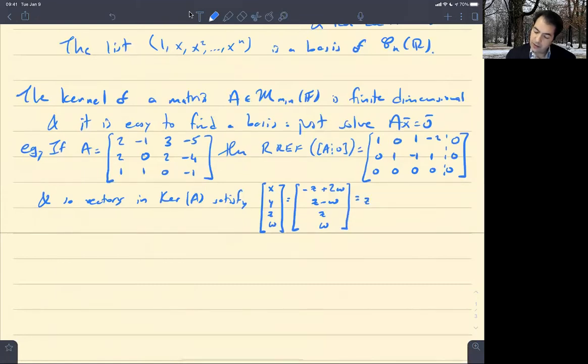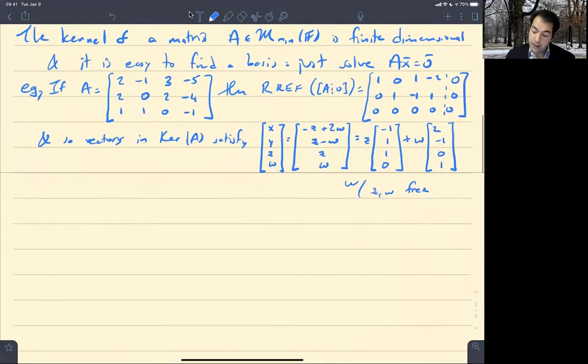And so now I can write this as the multiples of z. So I get minus 1, 1, 1, 0. And then the multiples of w, and I get 2, minus 1, 0, 1. Right? So here with z and w free. Okay, so here we go.